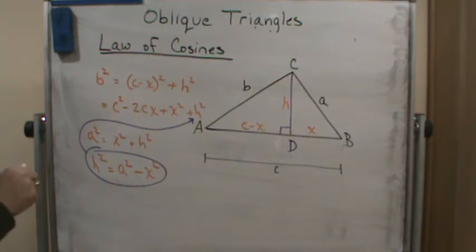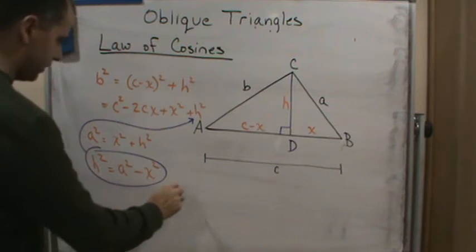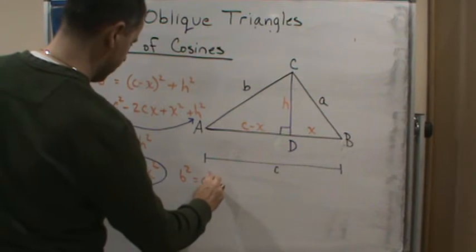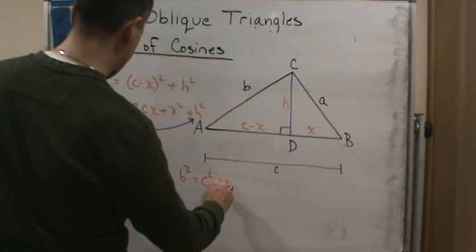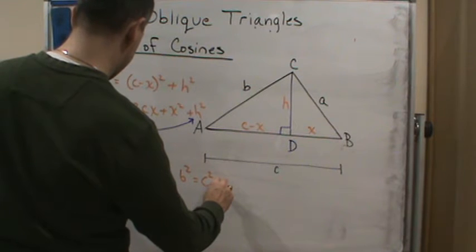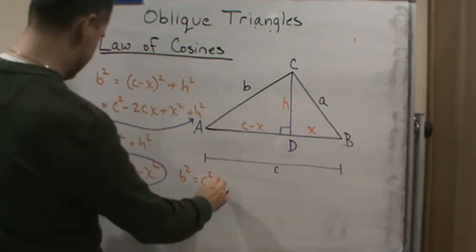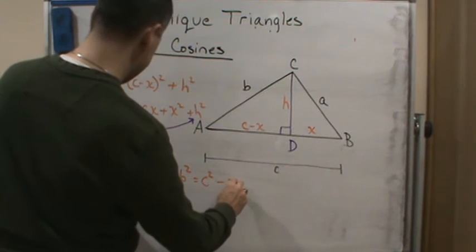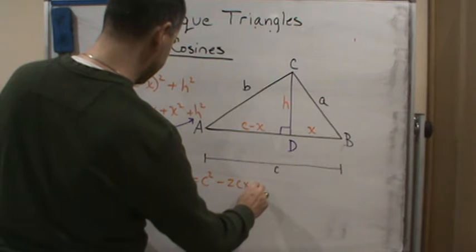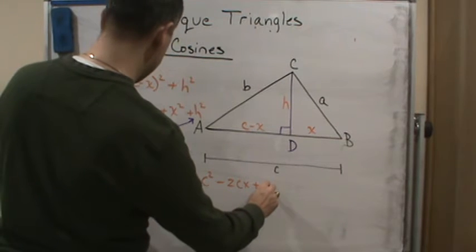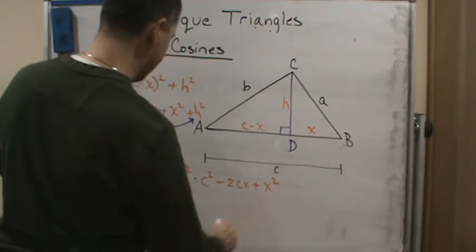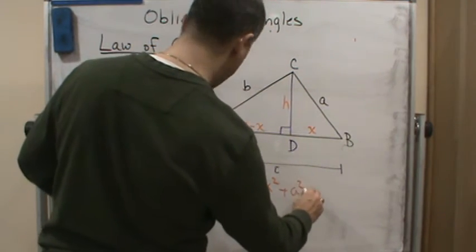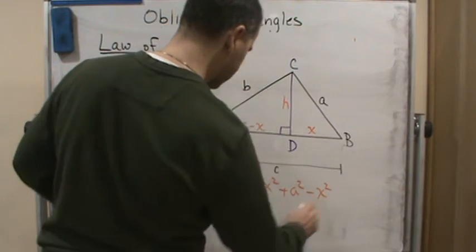And so what does that give us? That gives us b squared is equal to c squared minus 2cx plus x squared, and then instead of h squared, we're going to have a squared minus x squared.